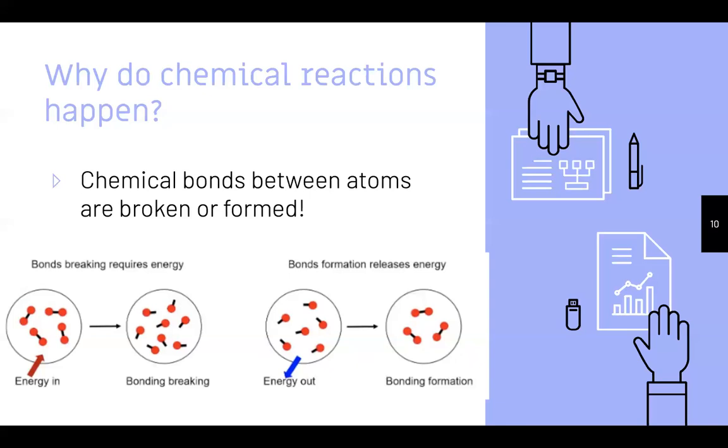However, when bonds are forming, they actually release that energy out to then build the bonds. So if we want to memorize this: breaking bonds takes energy and forming bonds releases energy.